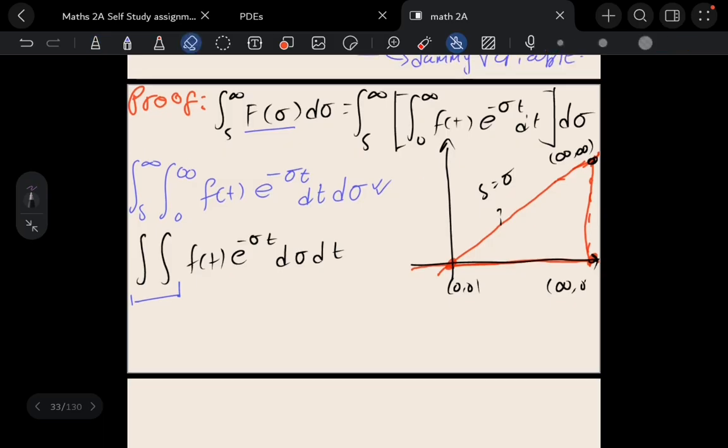Now, what is going to happen then? Since you have changed the order of integration, the bounds must also change. Because I said this one is sigma, this one is t, where will sigma start? Sigma will move in this order.